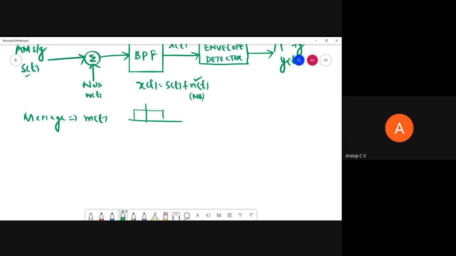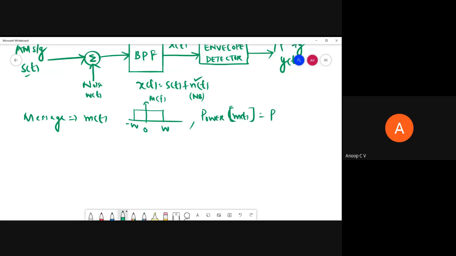The message has a spectrum M(f) extending from minus W to W, which means it has a maximum frequency content equal to W. And the average power of m(t) we assume to be equal to capital P watts. So we are assuming initially itself that the power is equal to capital P watts.